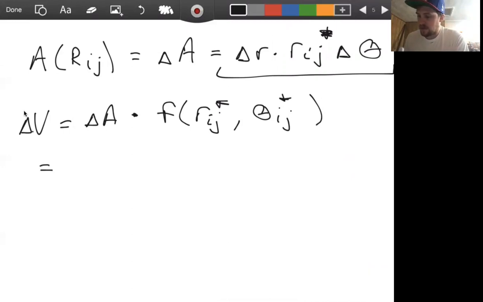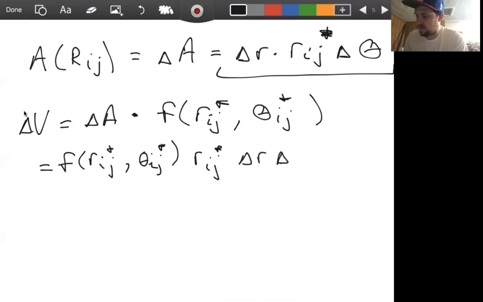Then let's plug in what we have for delta A here. I'll copy the f first, f of R_ij star, theta_ij star, and then times delta A, which is R_ij star times delta R times delta theta. And so this is a formula for the volume of this small region.